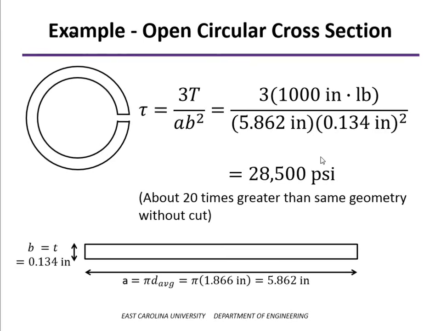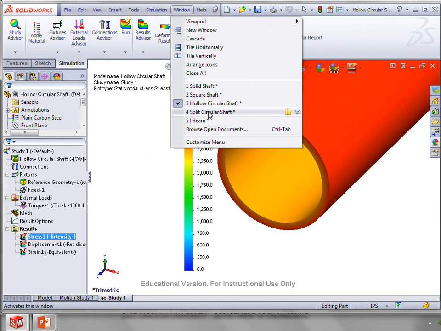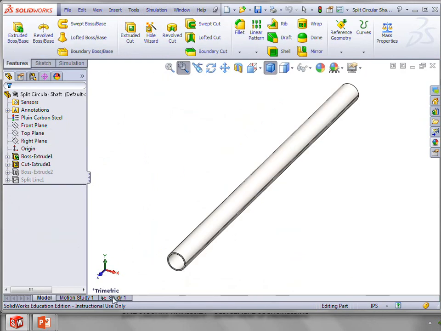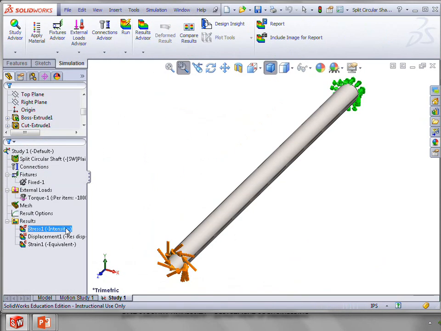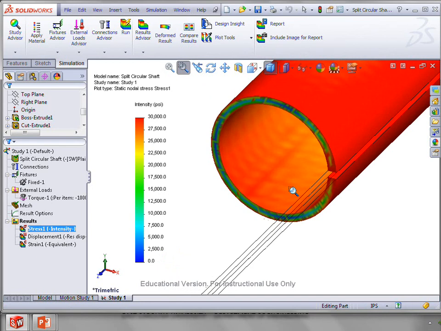And so to understand why that is, the FE model helps out a little bit. So when we look at the stresses in the cross section, you can see they're high both on the inside and the outside, just like they were with the closed cross section, but in the middle of the thickness they go to 0.